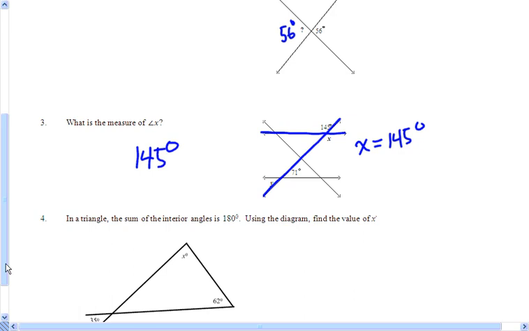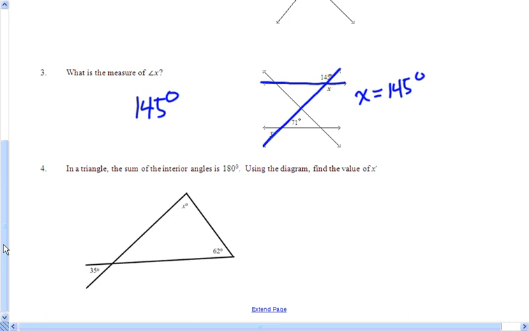All right, and number 4 says in a triangle, the sum of the interior angles is 180. Using the diagram, find the value of X. Well, to find X, we have to know the other two, because we know that they're all going to add up to 180. So my question mark plus my X plus my 62 has to equal 180, and my question mark, I can replace that with 35 because those are vertical angles.